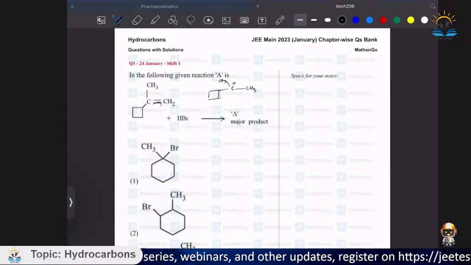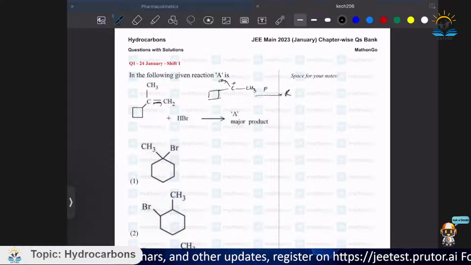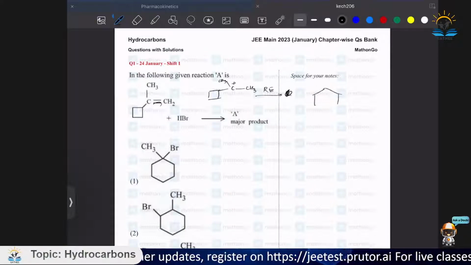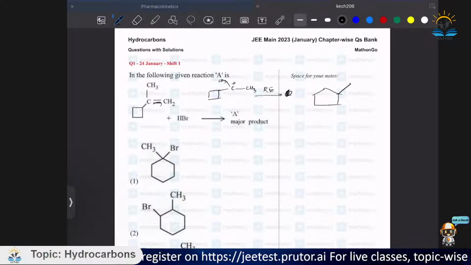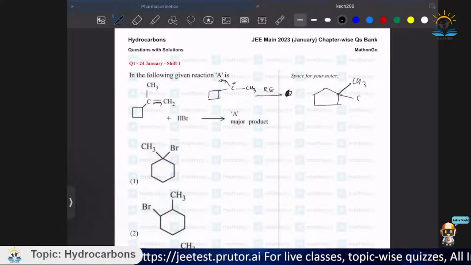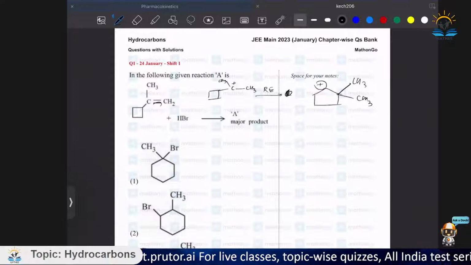This will lead to ring expansion. Ring expansion will occur and something like this will be formed. A pentane ring will be formed. And here you have CH3. Here you have CH3. This carbocation will come here.